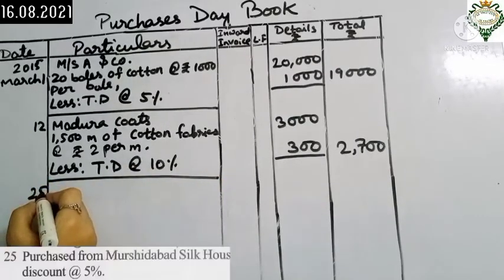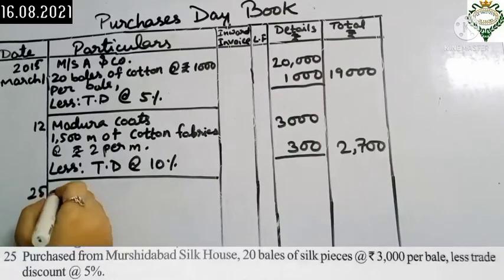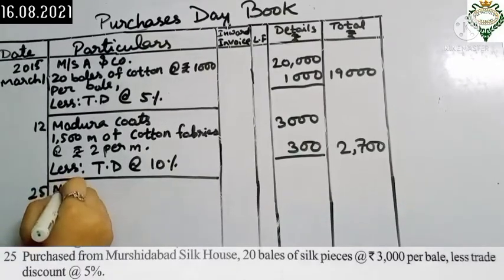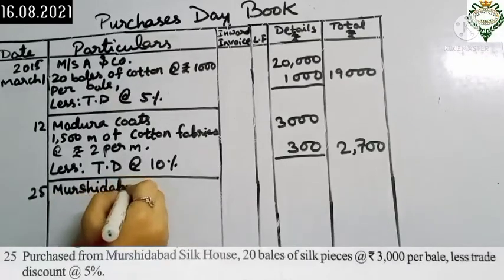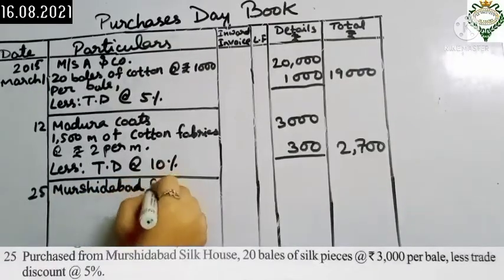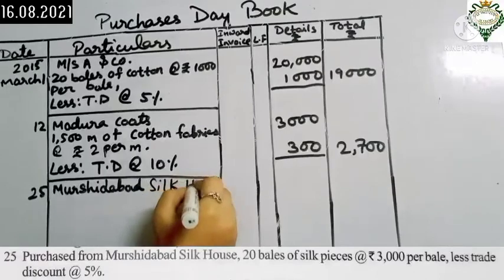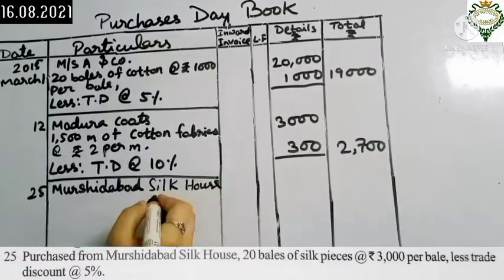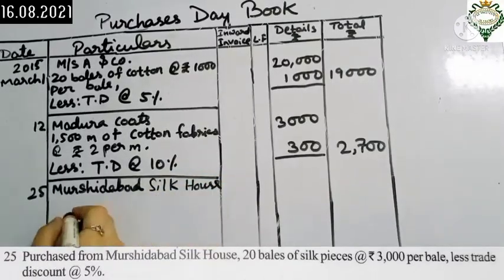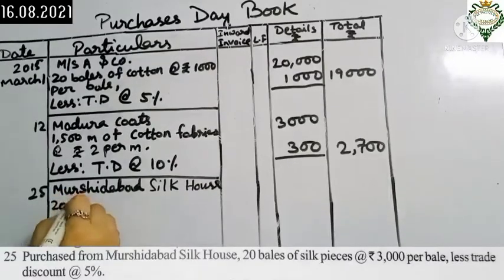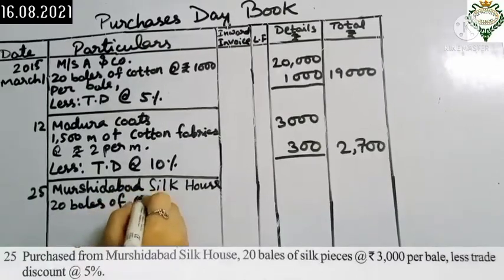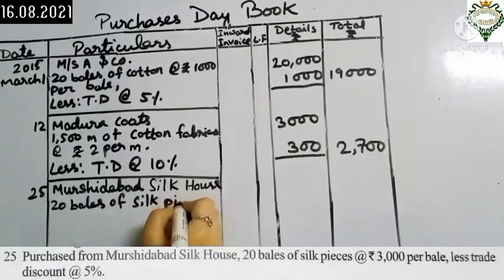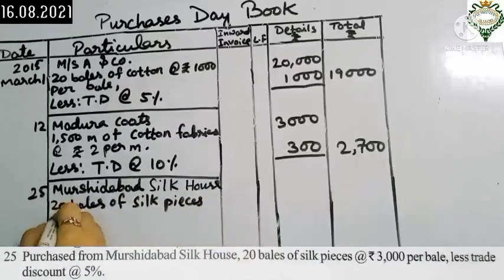It is saying purchase from Murshidabad Silk House. So you have to write here Murshidabad Silk House. Then 20 bales of silk pieces at ₹3,000 per bale.